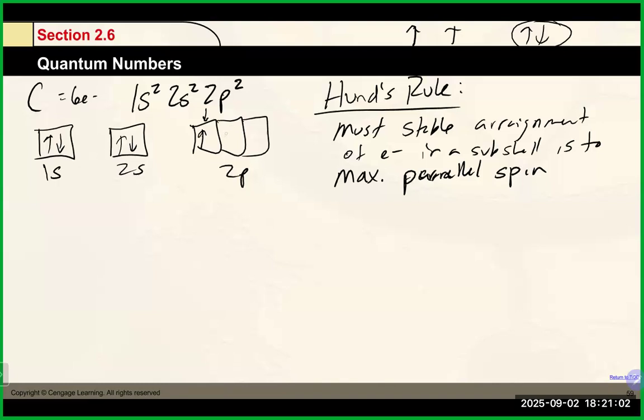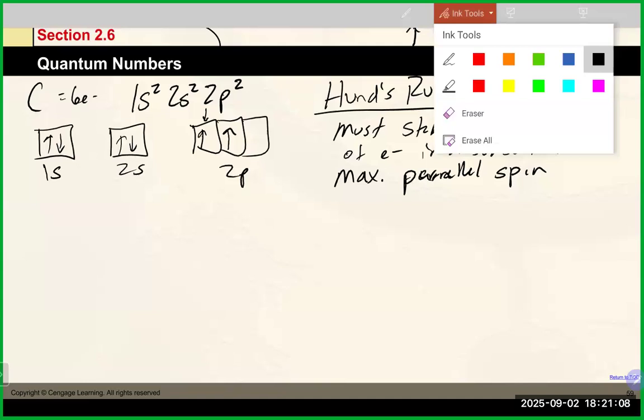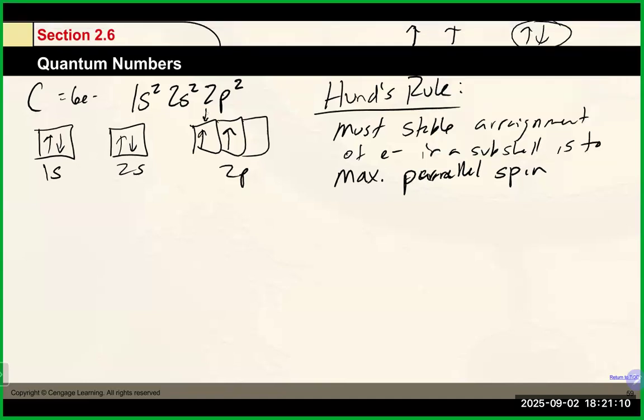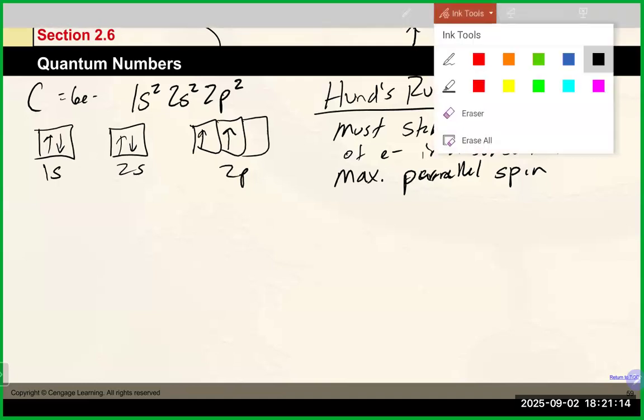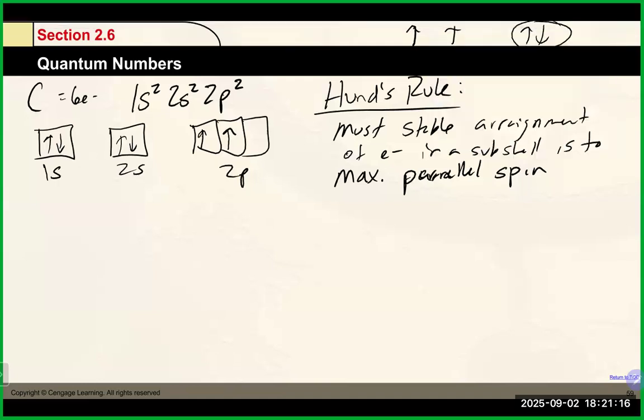That means when we have a subshell that has multiple orbitals, which is pretty much the definition of a subshell, we will put in the electrons one at a time in the upward position, as that will maximize parallel spin. So you'll go one at a time until you get to the end, and then you will flip back and come back through the same way, pairing off the spins.